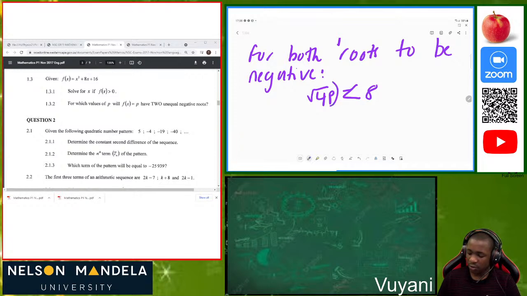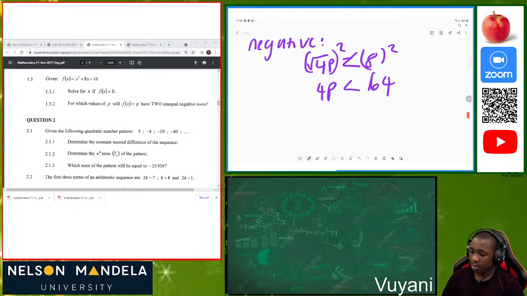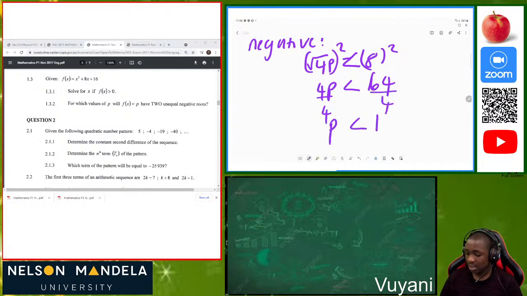In order for us to solve, we square both sides. Then we have 4p less than 64. Solving for p, we divide both sides by 4, and we have p less than 16.